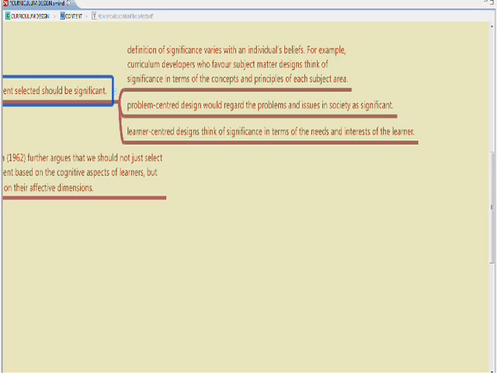For example, curriculum developers who favor subject matter design think of significant in terms of concepts and principles of the subject area. Problem-centered design would regard the problems and issues in society as significant. Learner-centered designers think of significant in terms of needs and interests of learners.